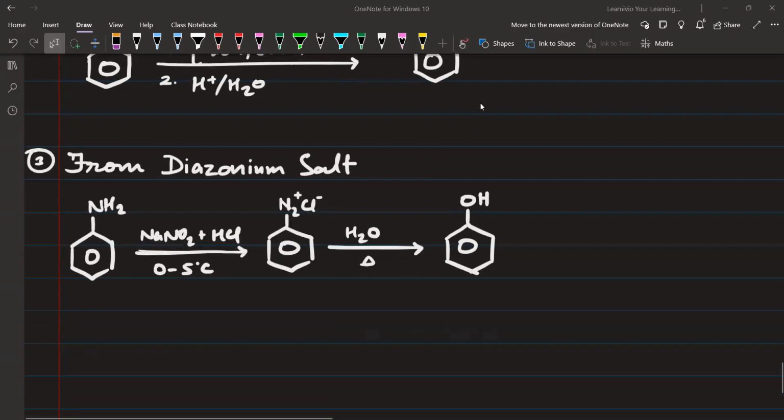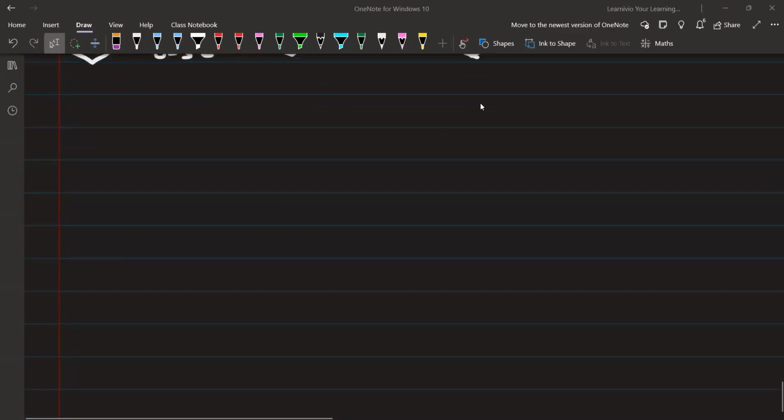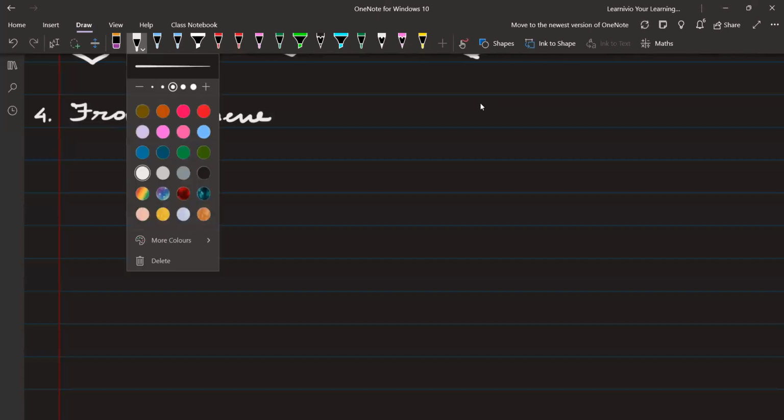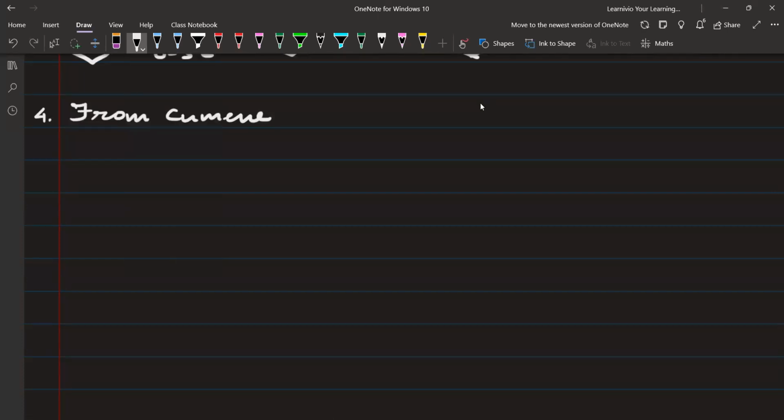Right. Fourth one is from cumene. What is cumene, by the way? ठीक है, ध्यान से सुनिएगा जरा. When you react benzene with isopropyl chloride or isopropyl halide, anything, CH3, CH, CH3, and here you have chlorine group, right?